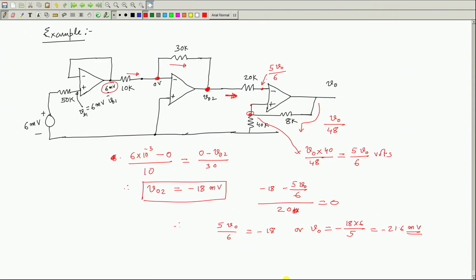Anyway, roughly this will be close to 18, slightly more than that, 18 into 6 by 5. So, this is the answer.